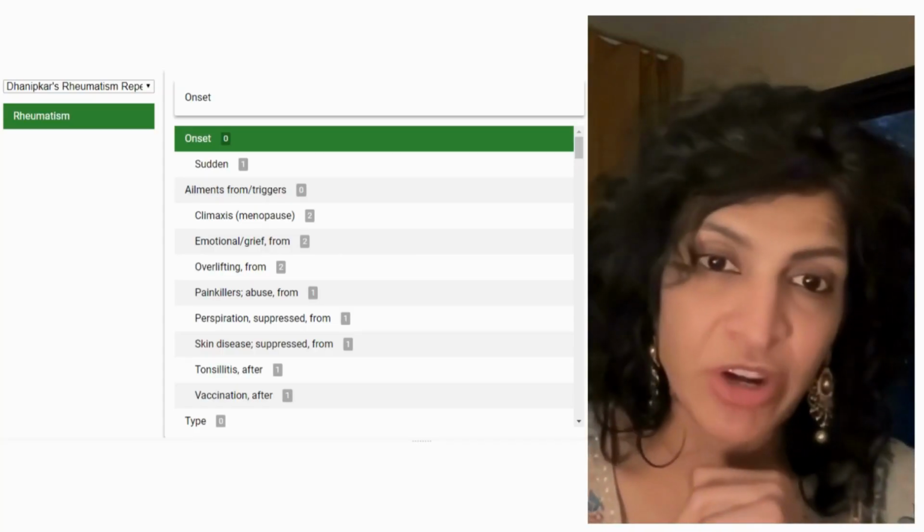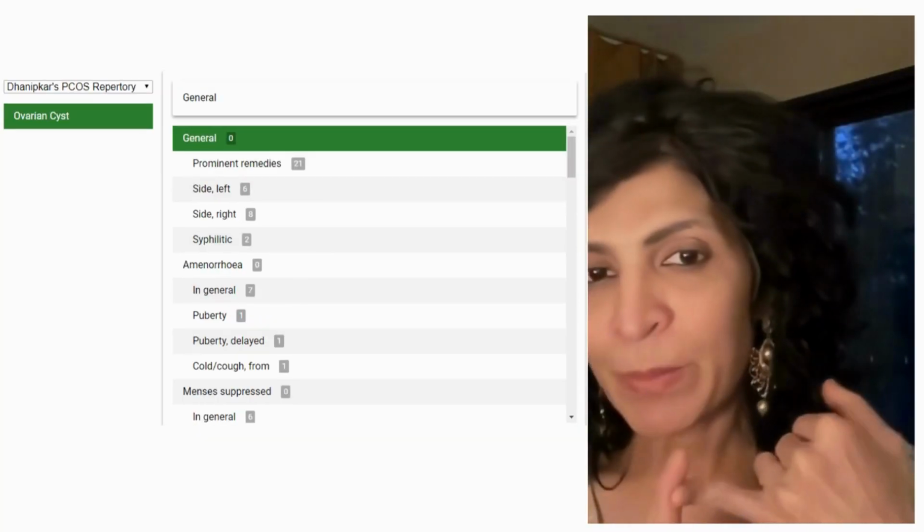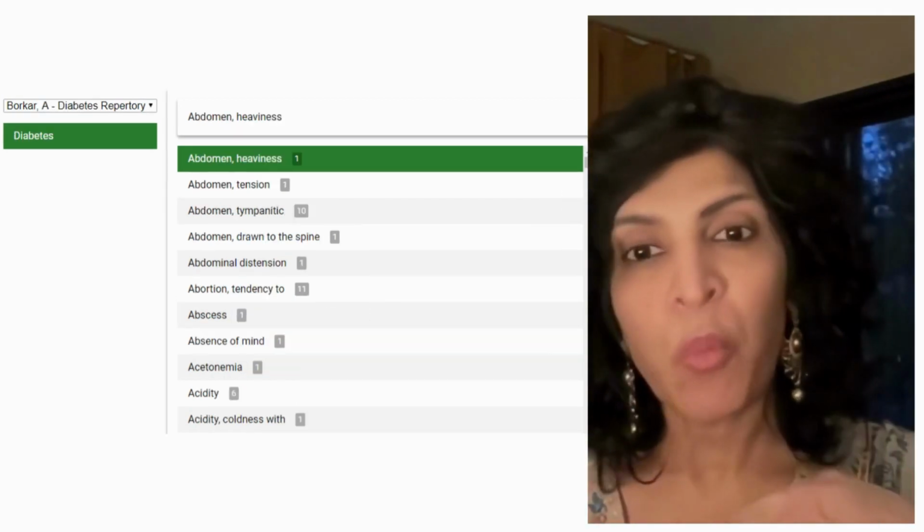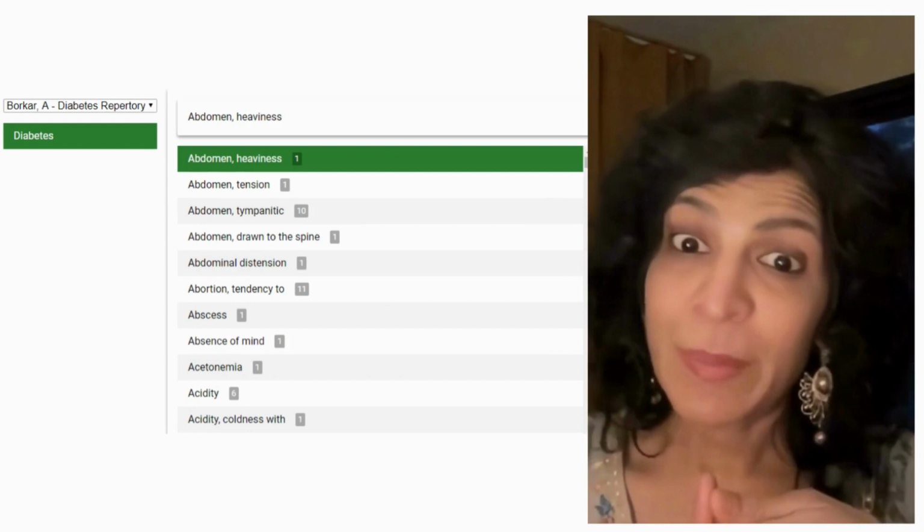Now, there are some specialized teachers from my medical school who have written specific books on these regional Medica for specific issues and aspects. Like, for example, Dr. Gajanan has written some Medica on rheumatic complaints, on ovarian cysts, on thyroid disorders. Dr. Ashok Borkar has written a Medica book on diabetes.